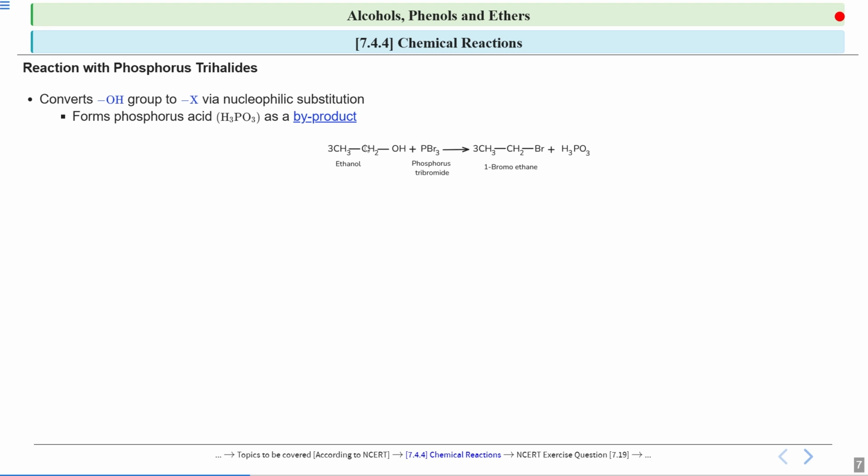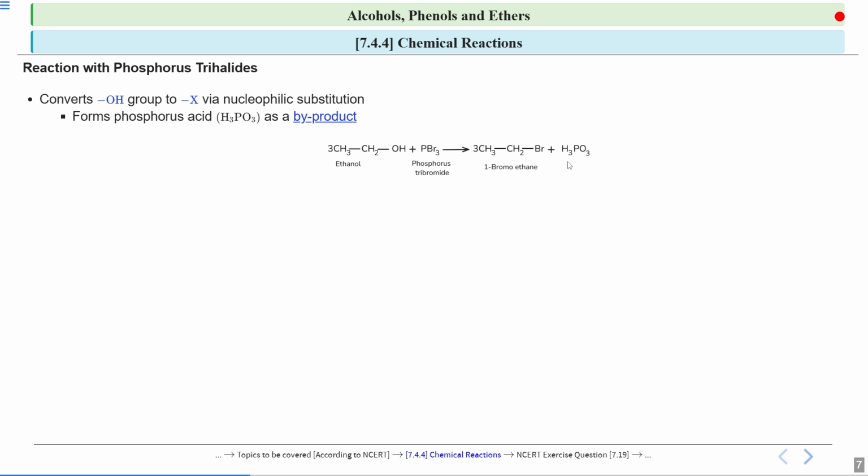Now, this carbon is electron deficient. It has a positive charge, so some nucleophile has to come to rescue this carbon. Who will behave here as a nucleophile? Your bromine will behave as a nucleophile. So your bromine will attack this carbon and the Br group gets attached over here. The OH2 group will leave and the bromine group will attach to this carbon.